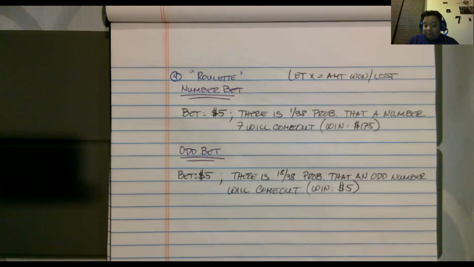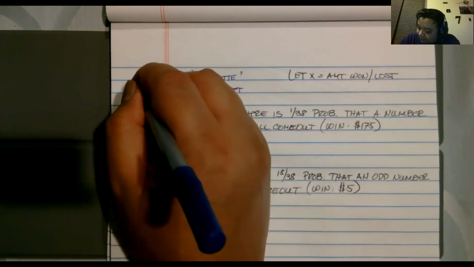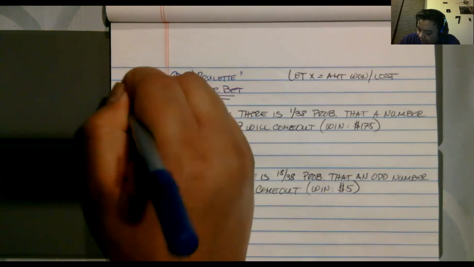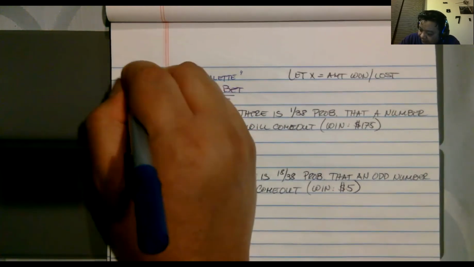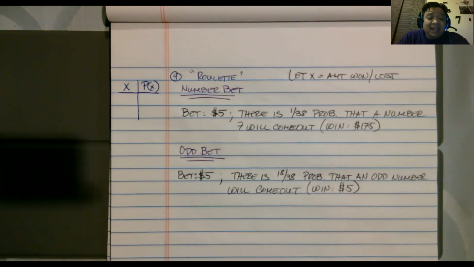Okay, so I'm gonna go ahead and put my table on the side right here on the margins. All right, so for the odd number, again, there are only two outcomes, right? So x and p of x. Let x be the amount you won or you lost. So if you win, how much do you win?